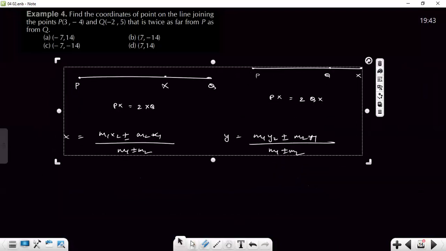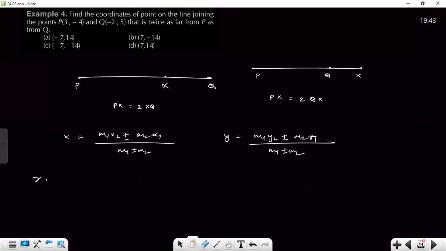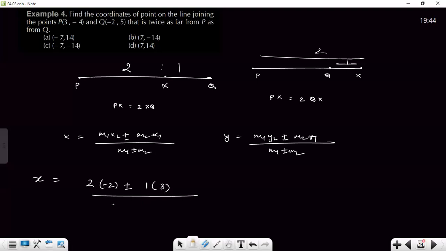Making space. Now let's solve for the x. m1 is, as we got to know, that this is twice of 1. Okay, so m1 is 2, m2 is 1. 2 into x2, x2 is minus 2, plus minus m2, which is 1, into x1, that is 3, divided by 2 plus minus 1.